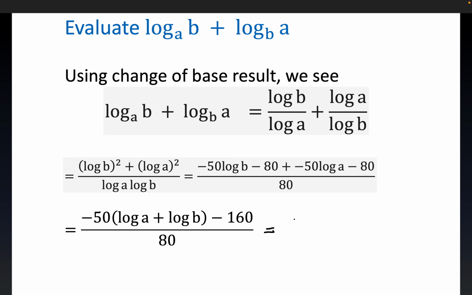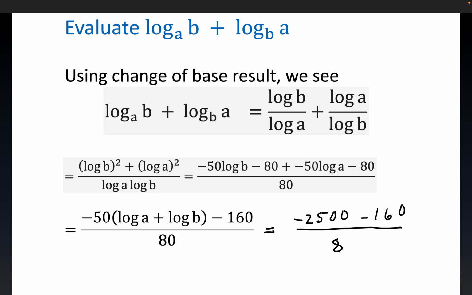That'll be minus 2,500, minus 160, over 80. So this is our answer.